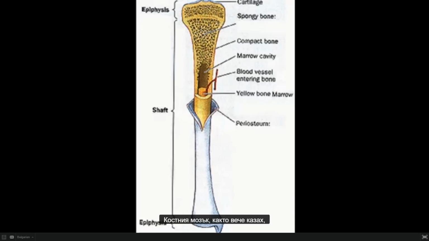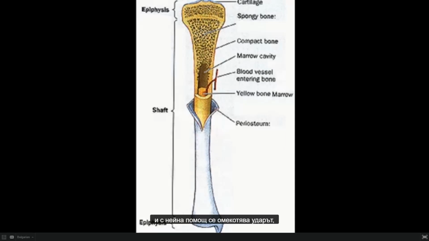This bone marrow, as I told you, is a producer of your blood cells. Actually, all the transportation of all chemical elements starts from your spongy bone, and the spongy bone is made so that if you jump and all your bones crash into each other because they are connected, they will not be broken.